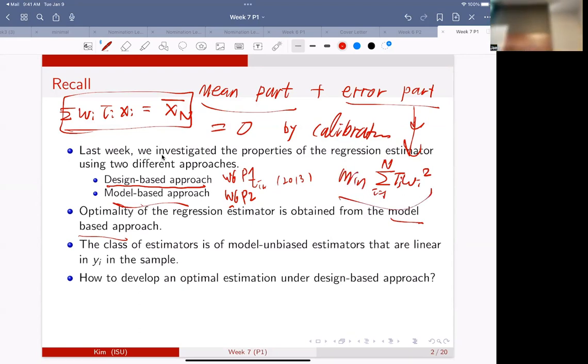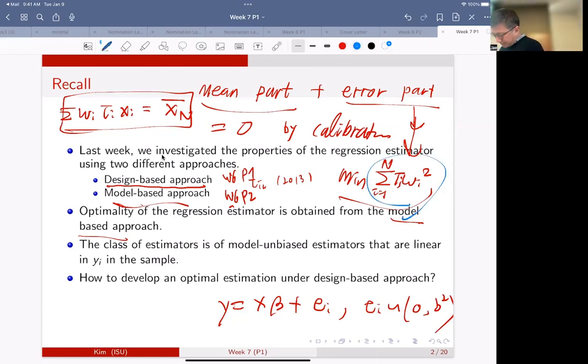So that basically came from the linear model, right? If we use the linear model, and e_i has mean 0 and variance sigma square, then this is a reasonable criterion because we assume equal variance.